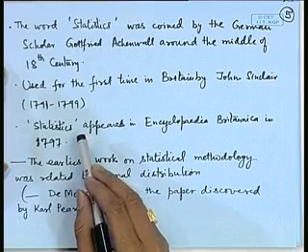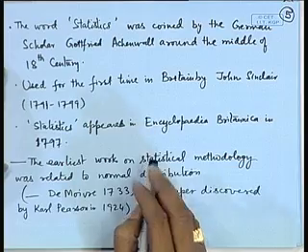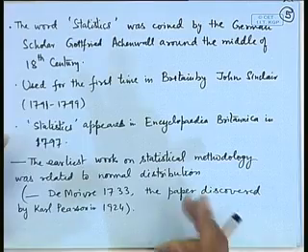The second is the term statistics which refers to the subject of statistics, and this means the statistical methods which interpret certain data, which analyze certain data and give inferences based on that data. That is called the subject statistics. So, now we will refer to it by saying statistical methods or statistical techniques or statistical inference.